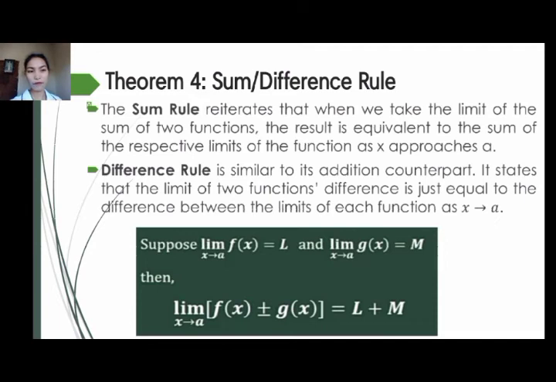Suppose the limit of f of x as x approaches a is equal to L, and the limit of g of x as x approaches a is equal to M. Then we can get the limit of f of x plus or minus g of x as x approaches a, depending on the operation in the given problem, which is just equal to L plus or minus M. So if we are given two functions separated by an addition or subtraction, then we proceed using the sum or difference rule. We have to remember that.